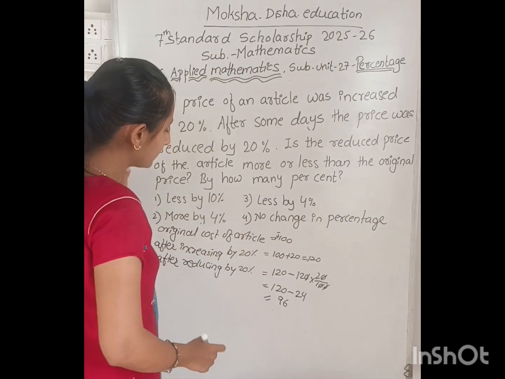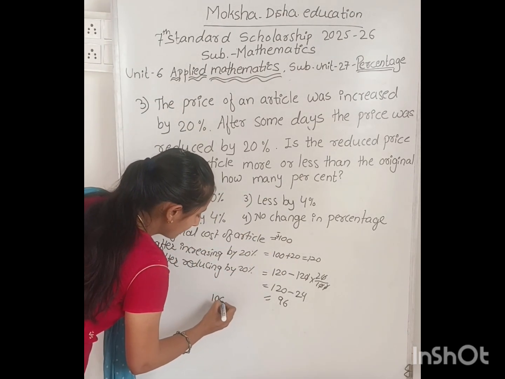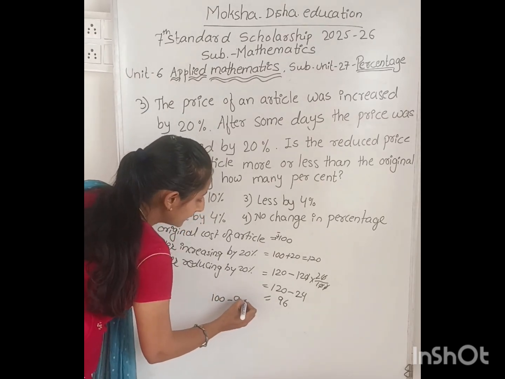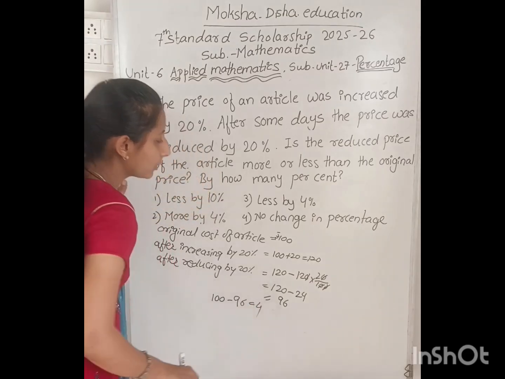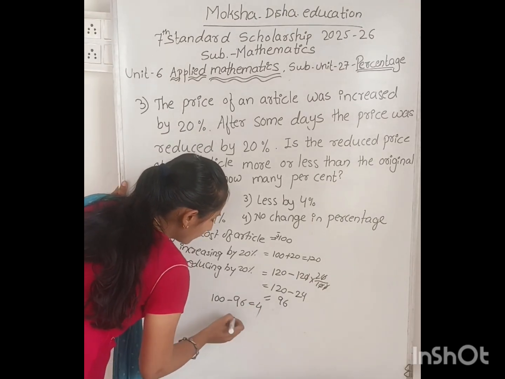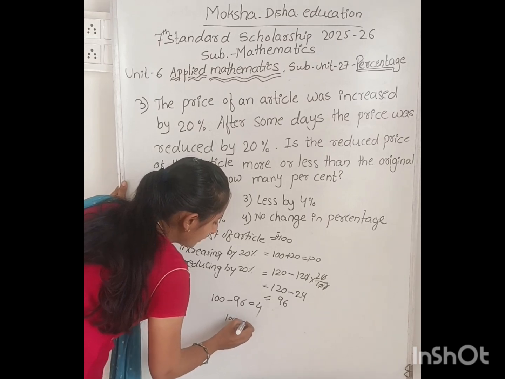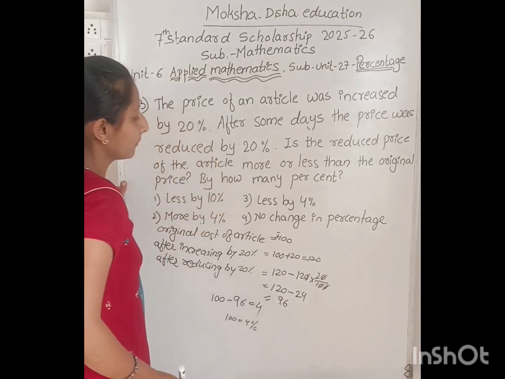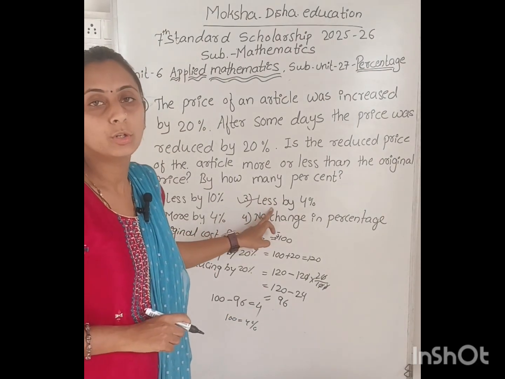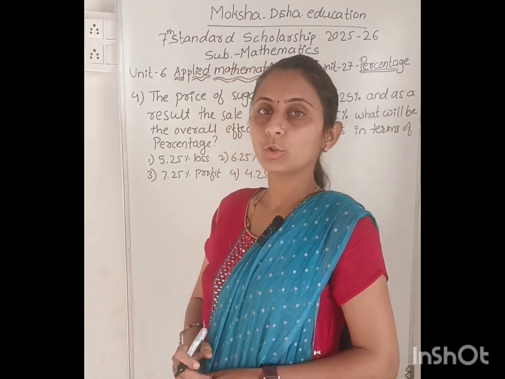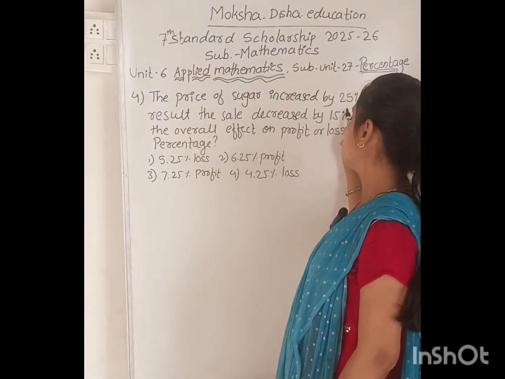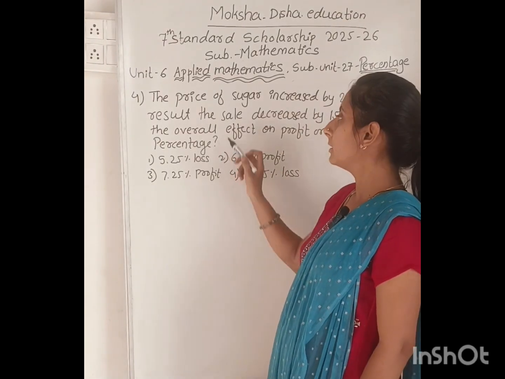So the original price is 100 rupees and after reducing it is 96, means the cost is reduced by 4 rupees, means 4 rupees for 100, it is 4% less than the original cost.